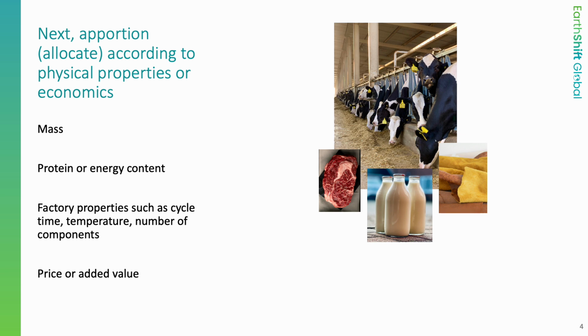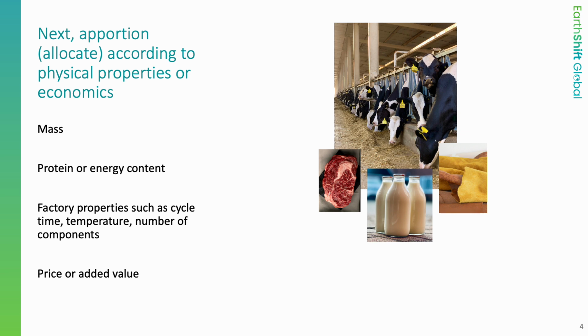We might allocate between the meat and the milk based on protein content. We might do it on caloric content. For fuels, we might look at energy content. Within a factory, we might use properties such as cycle time or temperature or the number of components to allocate the impacts of the factory to our different products. Something that makes sense based on the product coming out.